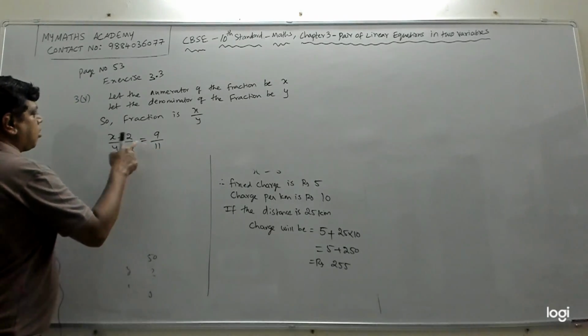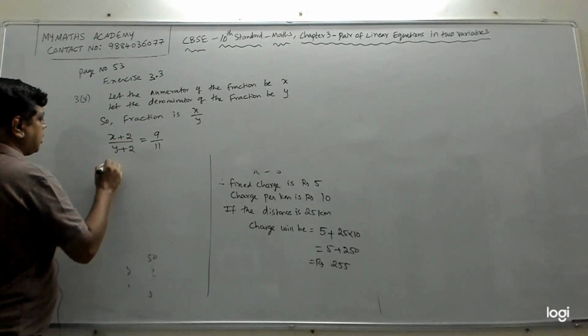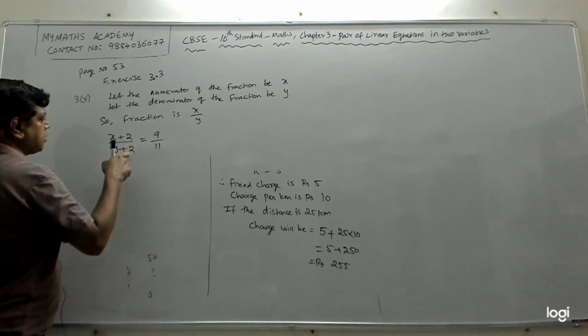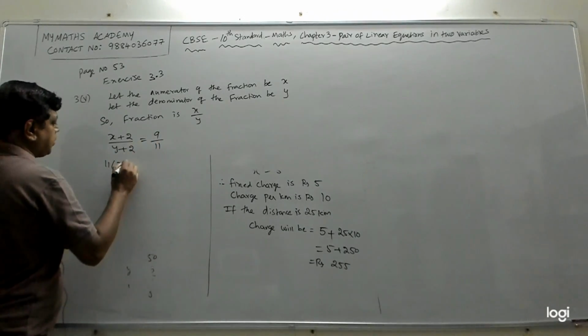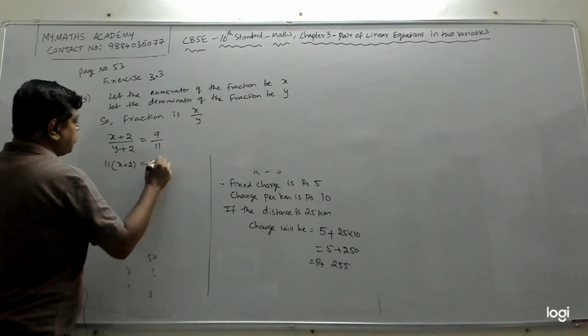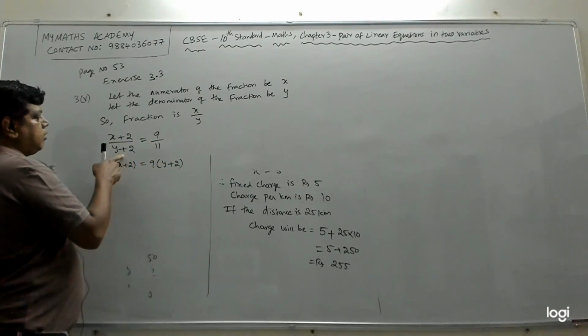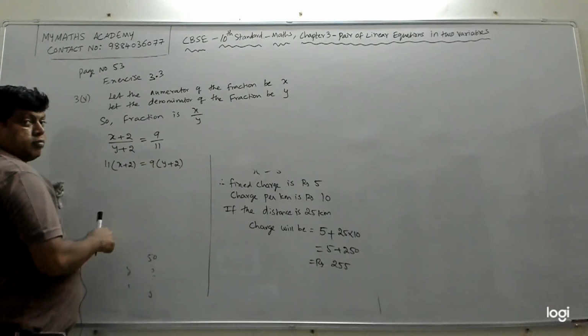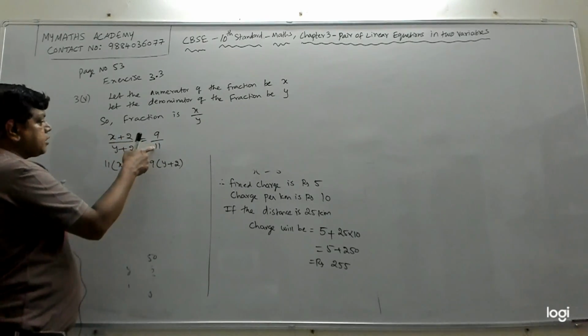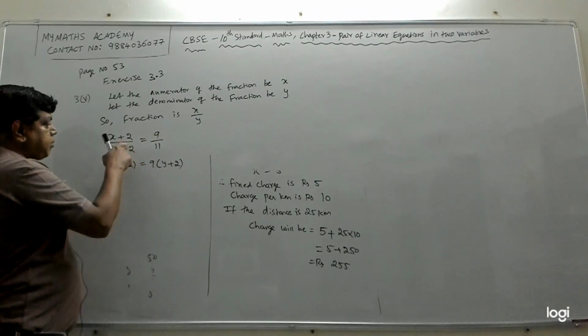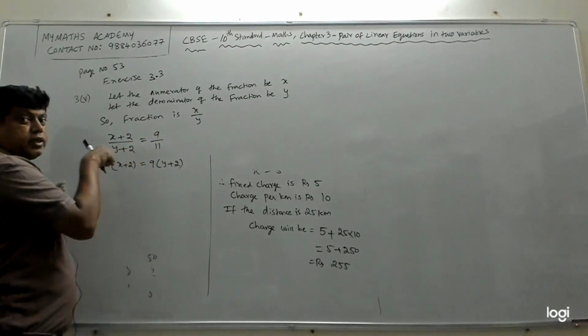So we'll cross multiply: 11 into x plus 2 equals 9 into y plus 2. 11 will go here and y plus 2 will go to this side, the numerator. We are not doing fraction addition here.